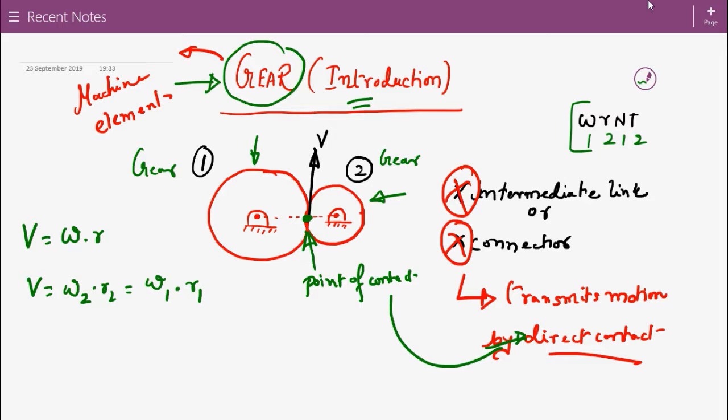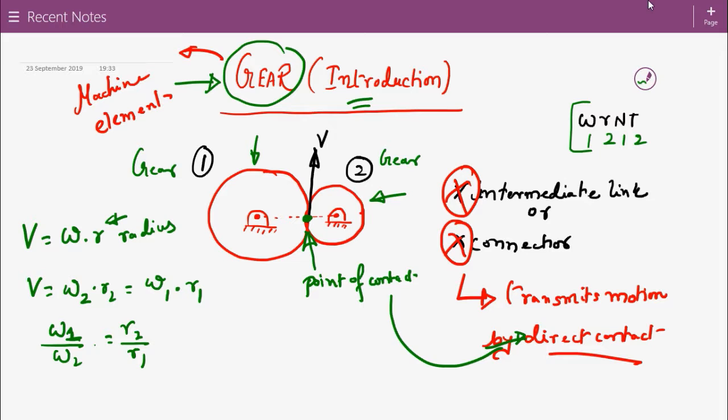By this we can write it as omega 1 by omega 2 is equal to r2 by r1, where r is nothing but the radius.